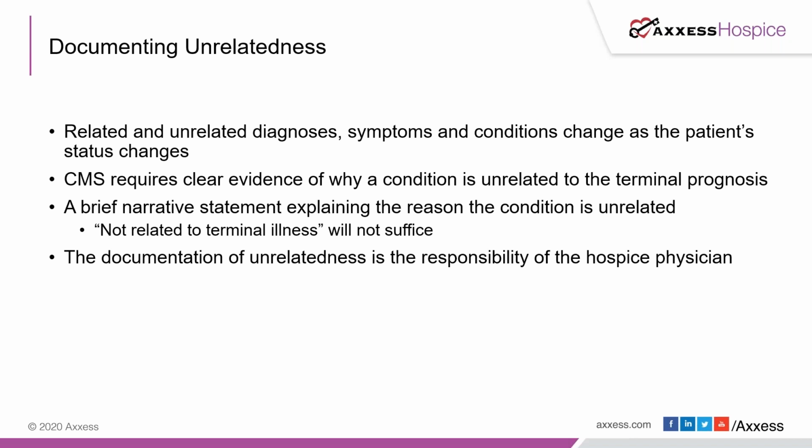The OIG specifically listed multiple occurrences in their most recent report where the hospice physician wrote in the certification of terminal illness narrative that a comorbidity was part of why the patient had a 6-month prognosis or less, and yet the hospice didn't pay for the treatments related to that comorbidity.